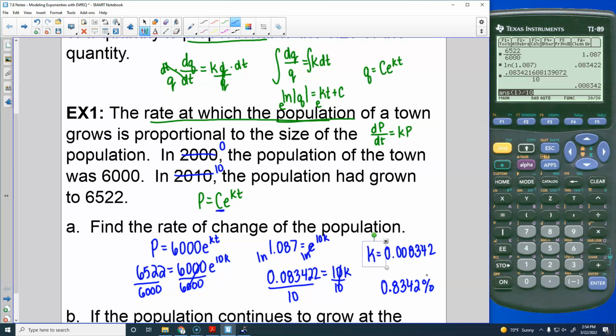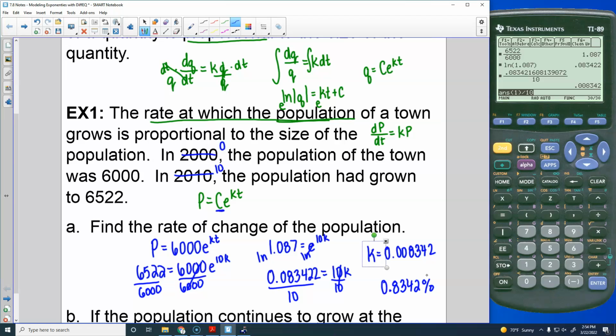Usually rate of change, how could that population not be like dP over dt? Why is it K? I thought K was. Yes, but that would be an equation that you would have. So this is your rate of change. It's not a constant rate of change.